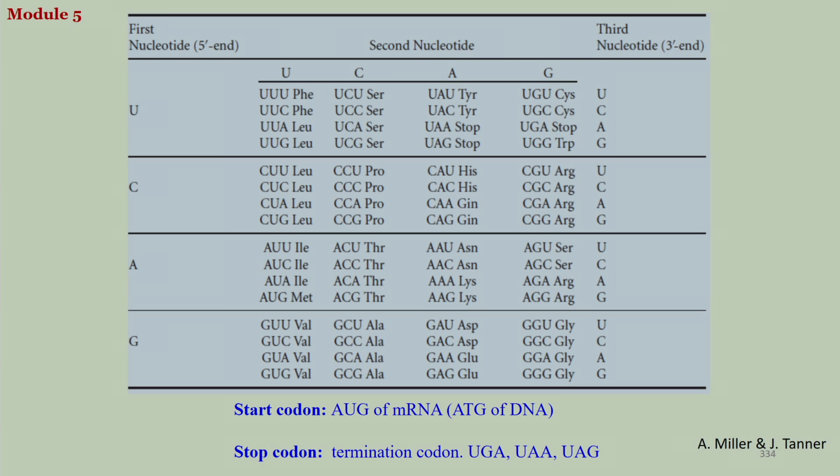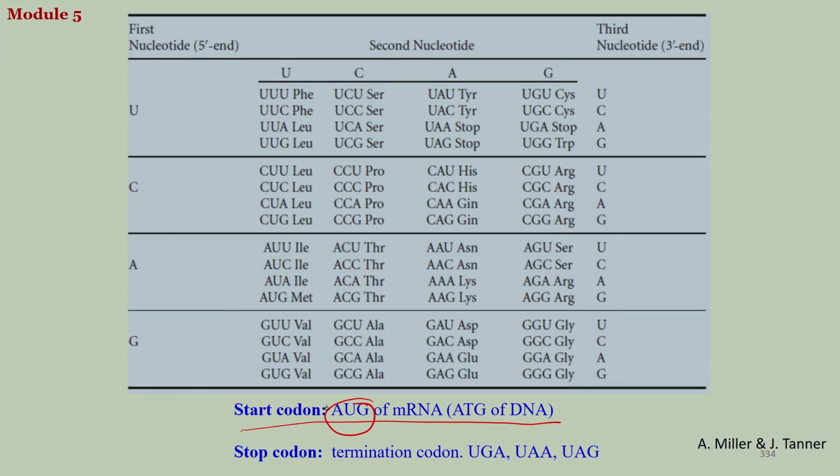Now, there are few things that we have to remember, it is very, very important. Of course, I have talked about it. When you start synthesizing your protein, at the stage of initiation, we have seen when the first amino acid is connected to the tRNA, that is always a methionine, and the codon is AUG, codon of the mRNA.